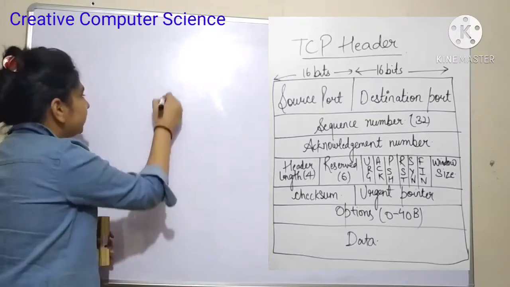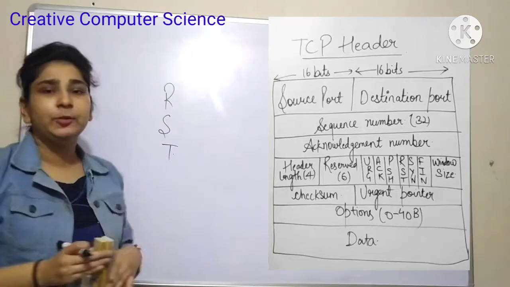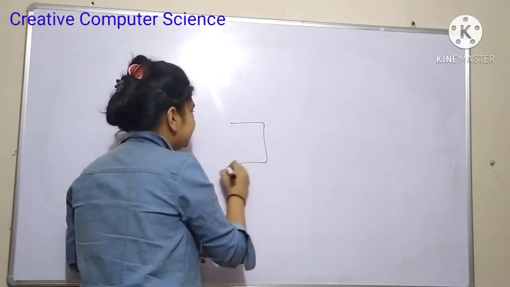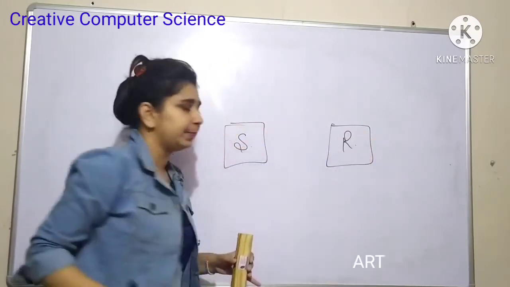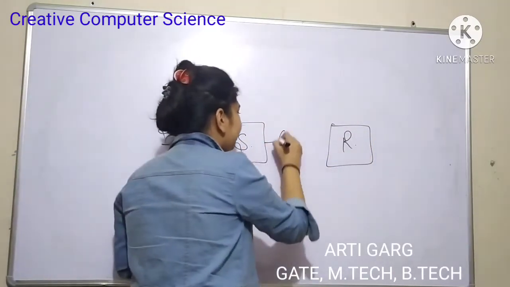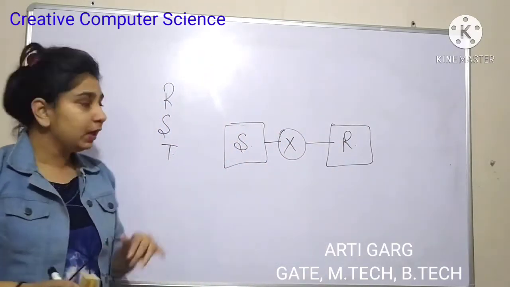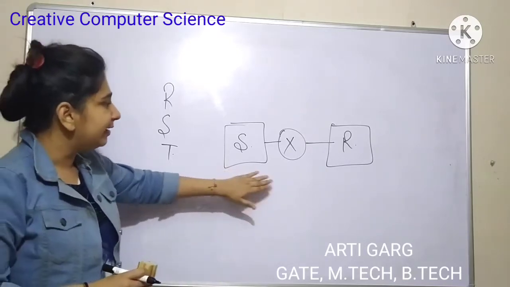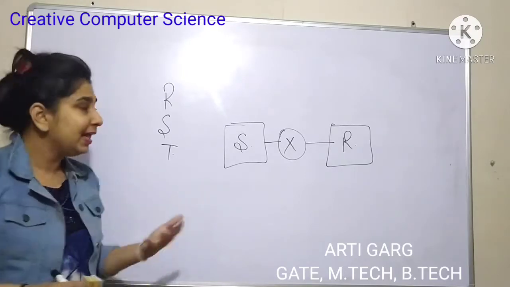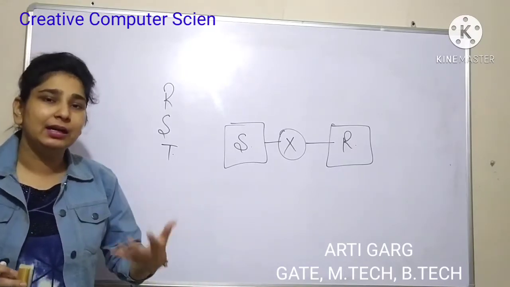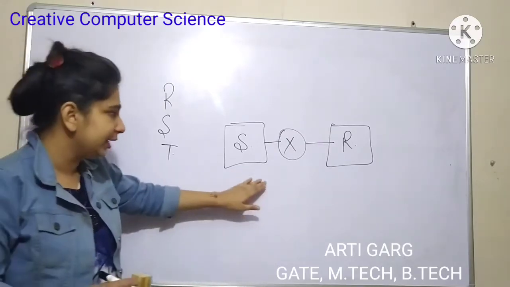What does the reset bit say? Sender and receiver have not transmitted the original data yet, but they are just doing handshaking with each other.